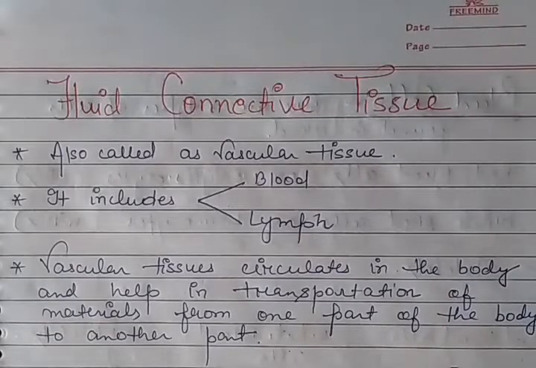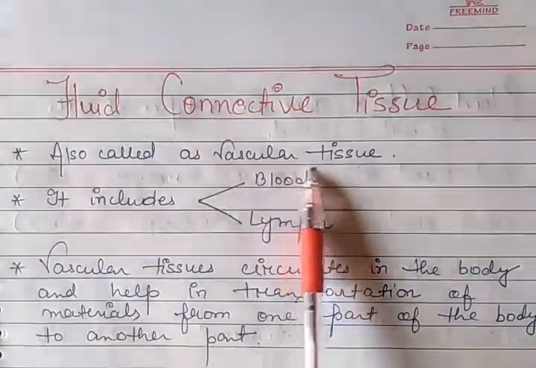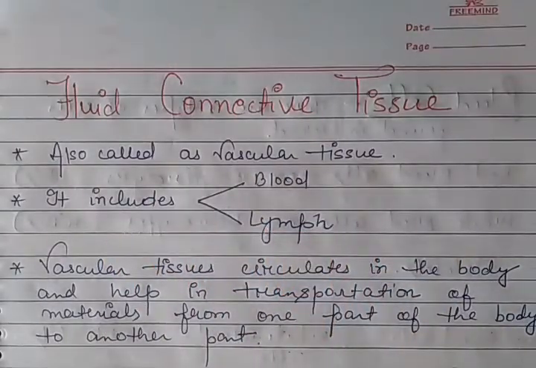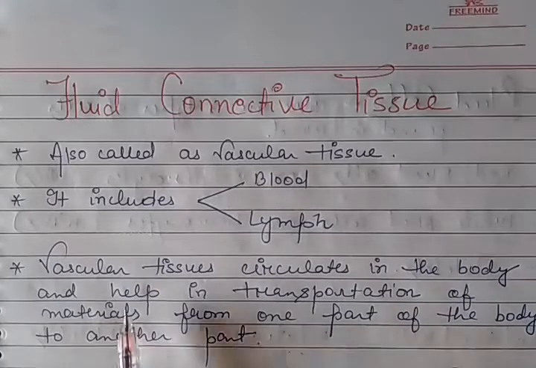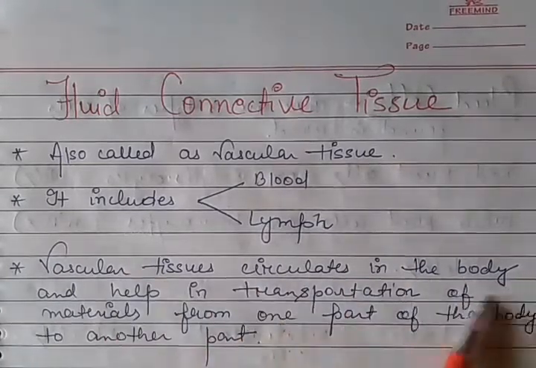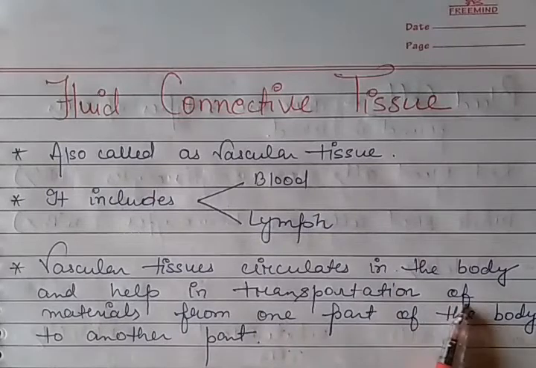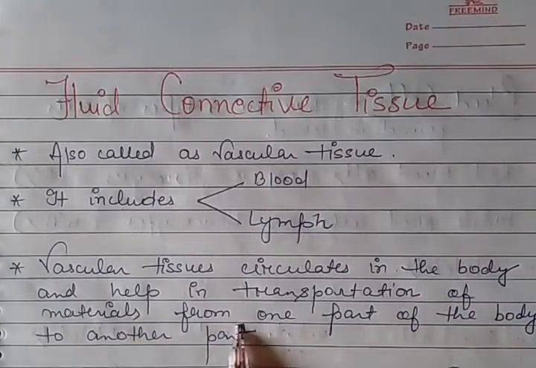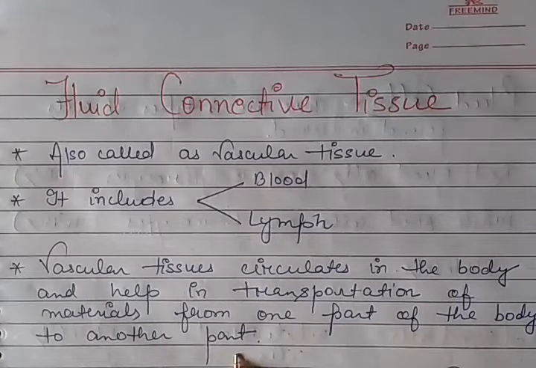So let's talk about the fluid connective tissue. Fluid connective tissue is also called vascular tissue. Why? Because it circulates in the body and helps in the transportation of materials from one part of the body to another part.